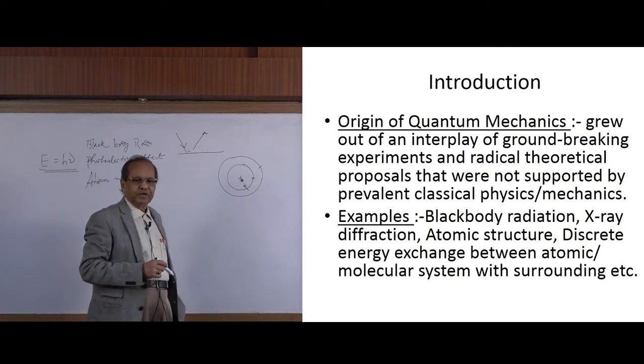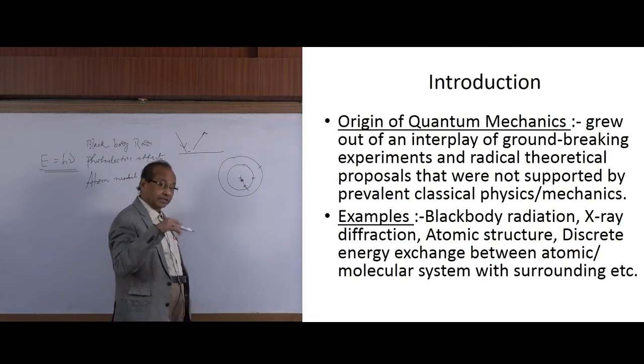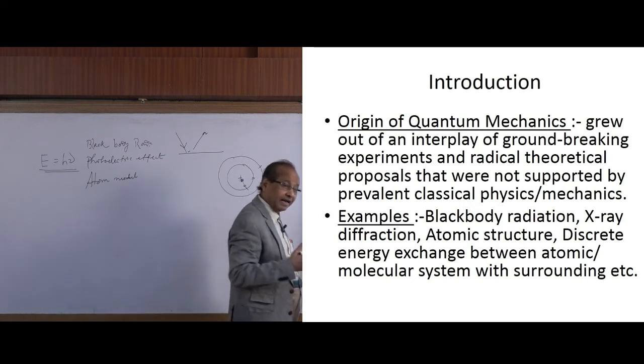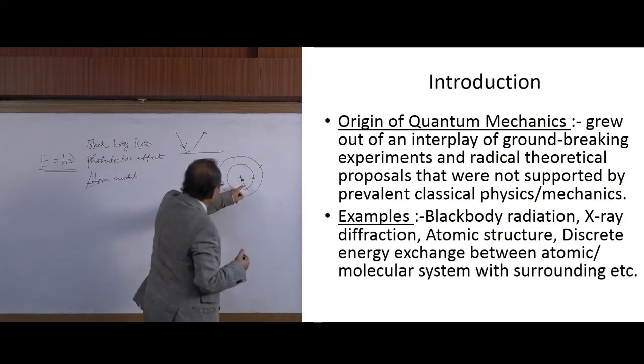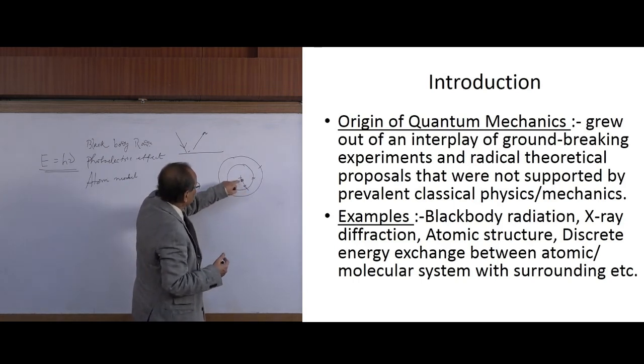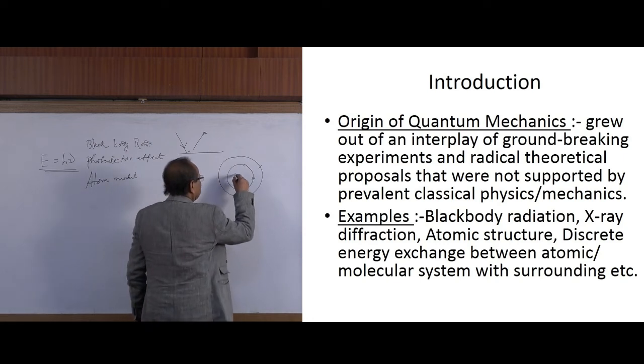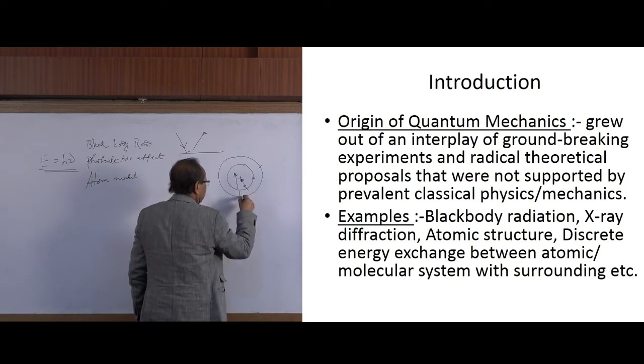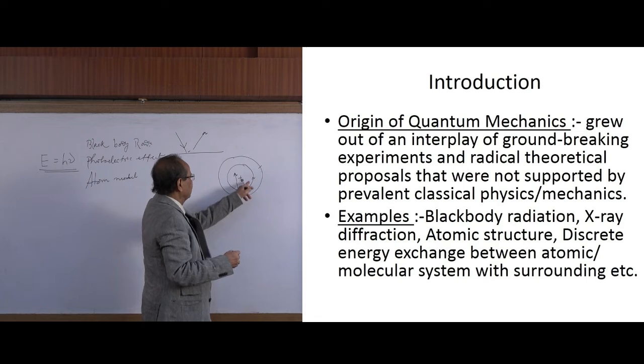So there is a centrifugal force. See, all these things are the classical ideas. So the centrifugal force is there, and this centrifugal force is being balanced by this attractive force. Attractive force is this and the centrifugal force is this, so it is stable.